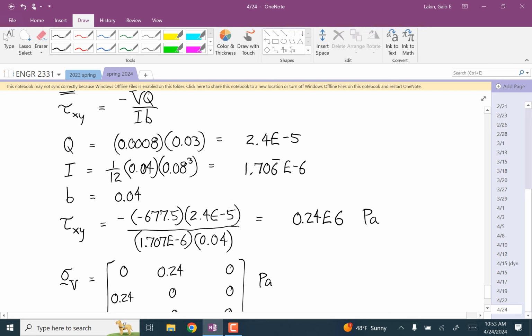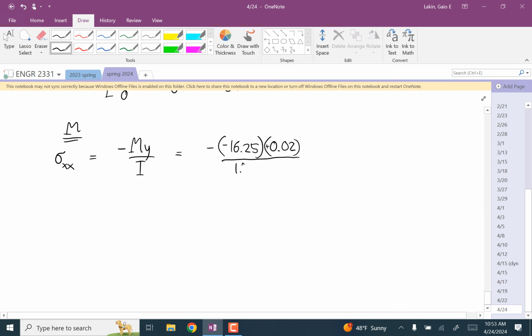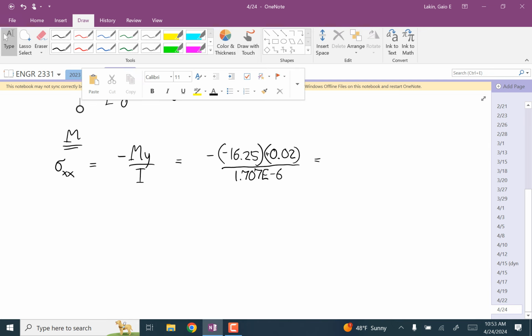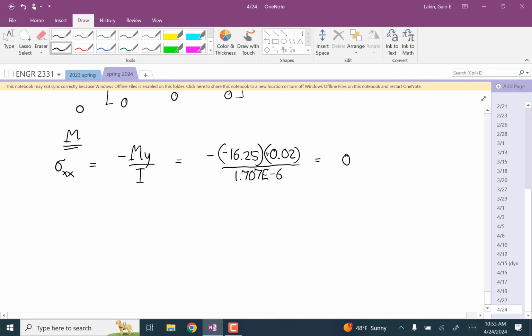And we're dividing by the I, 1.707 times 10 to the minus 6. And you get positive 0.19 times 10 to the 6.